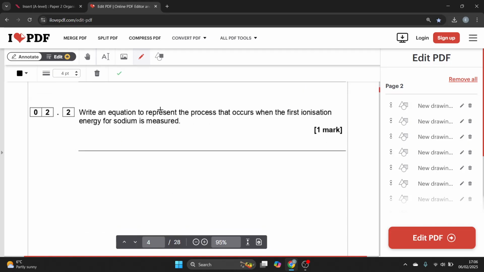Write an equation to represent the process that occurs when the first ionisation energy for sodium is measured. So it's going to be Na(g) arrow Na+(g) plus e-.